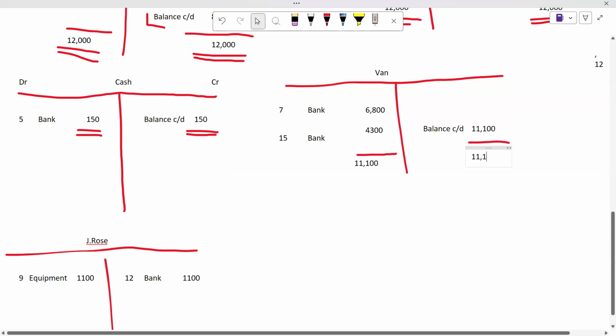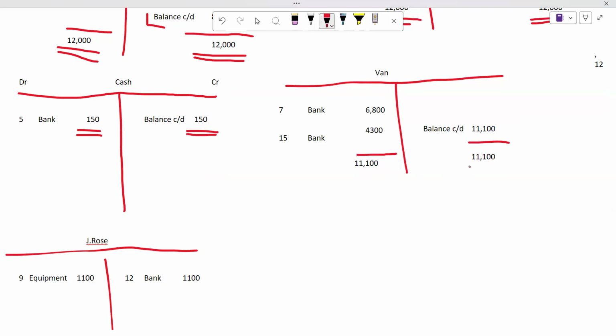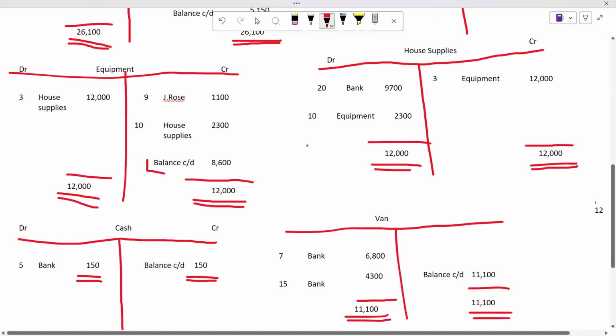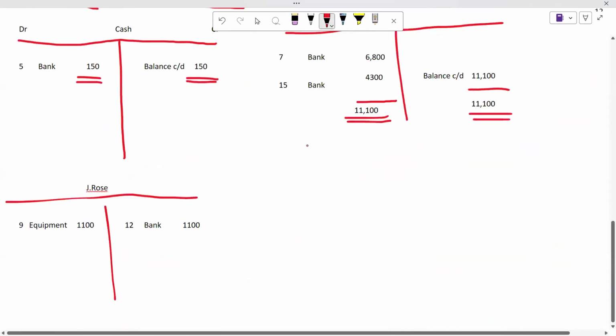So the sum of both the sides should level each other, right? So this should be in line with this sum, right? This is how the structure is. This is universal, so no questions about it. It has to be leveled up. All the totals should be leveled up.